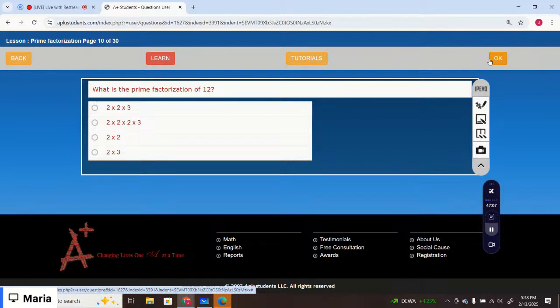Which is the correct option? 2 times 2 times 3. Option number 1 is the correct option.